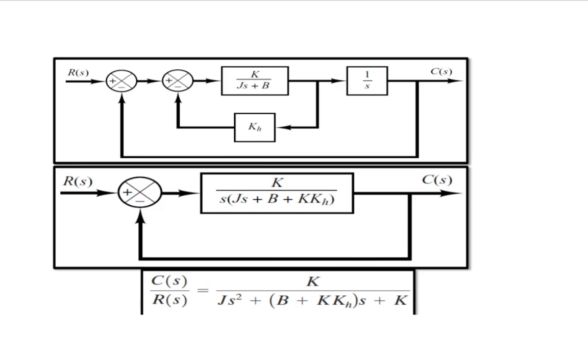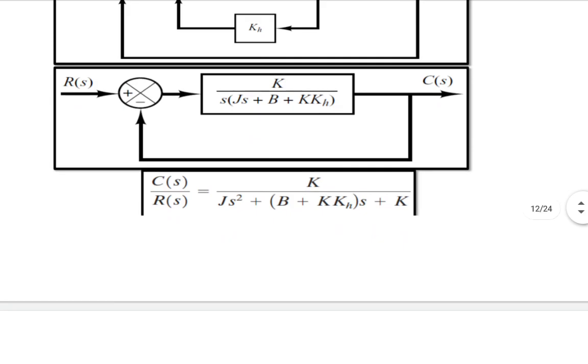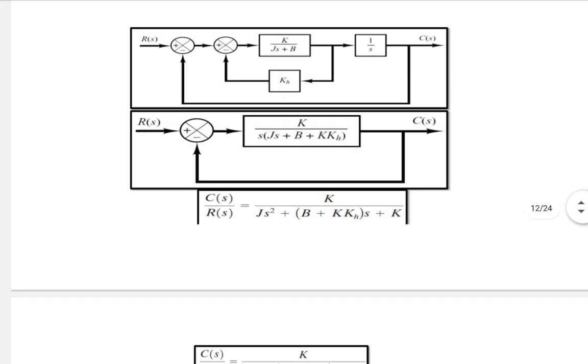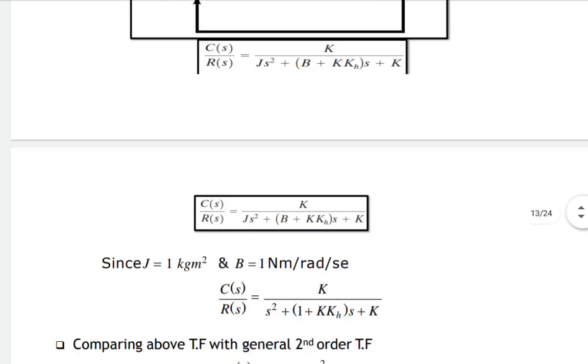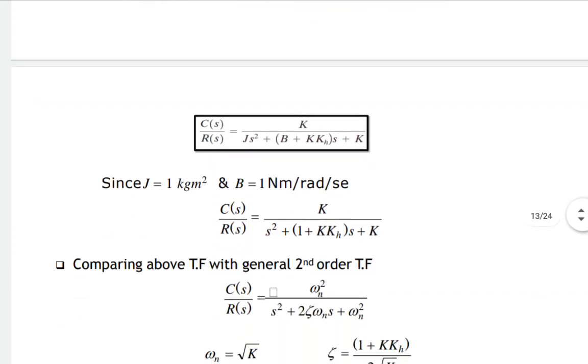Then after elimination of the unit feedback, C of s by R of s is equal to k by Js square plus B plus k into kh whole into s plus k. So this is the total transfer function for the above diagram. Now see, what are the values provided? J is equal to 1 kg meter square and B is equal to 1 Newton meter per radian per second.